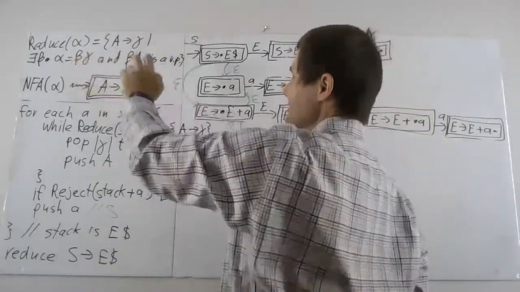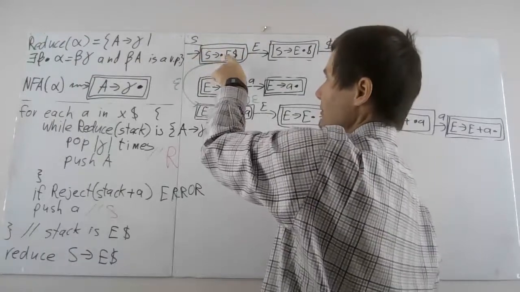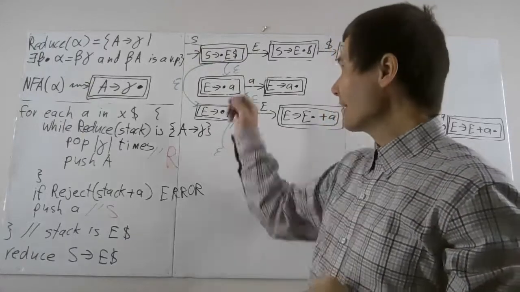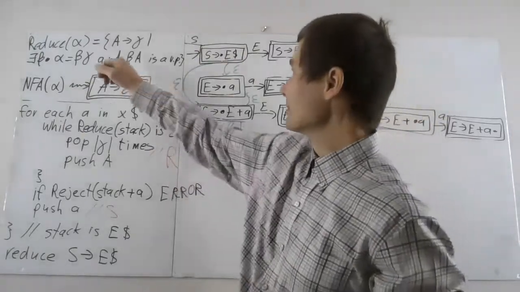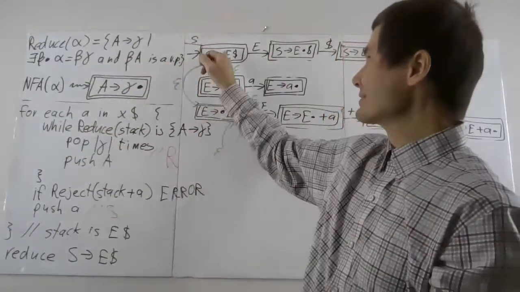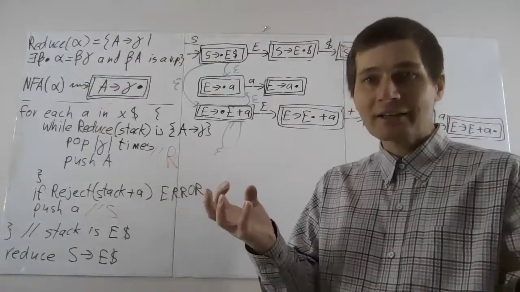So beta is the string that takes the NFA to this state where the dot was before the non-terminal symbol. In our case, that non-terminal symbol is A. So beta is what takes you to that state that has the dot before the A. And now maybe it's getting clearer.